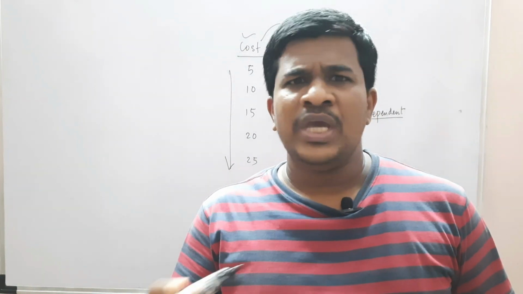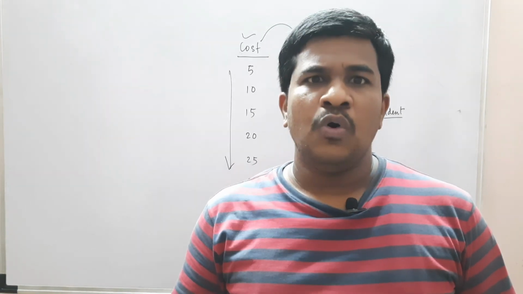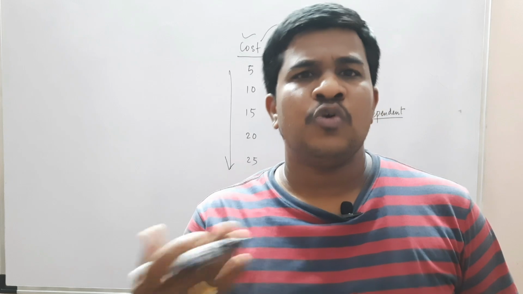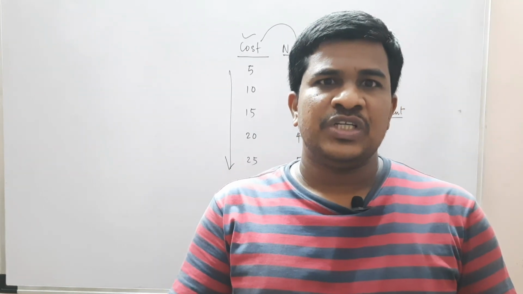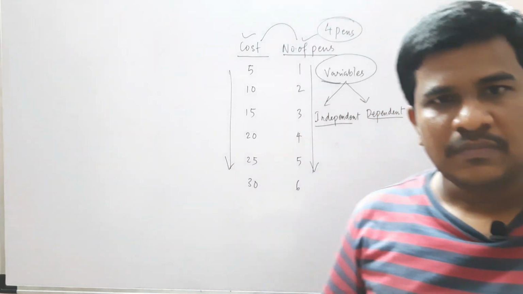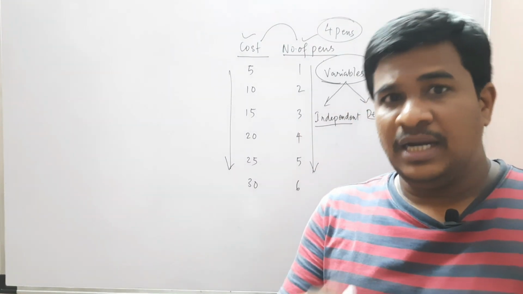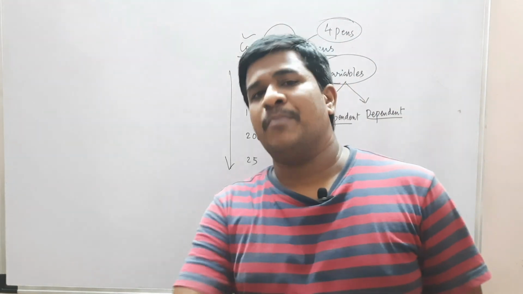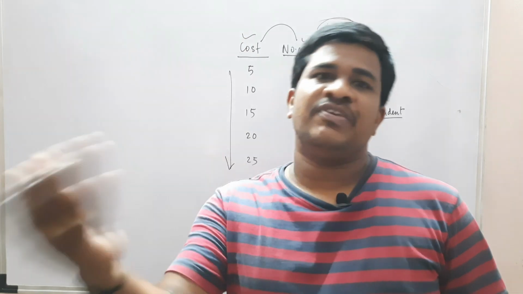Without knowing the number of pens you buy, you don't know how much you should pay him. He cannot tell how much should be collected from you. The number of pens must be decided first, how many pens you are buying. Accordingly, cost will be decided.